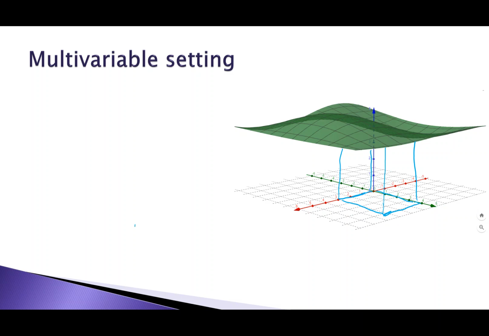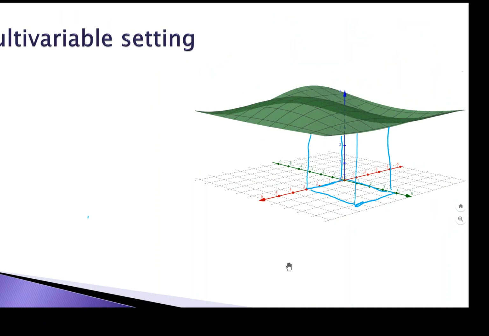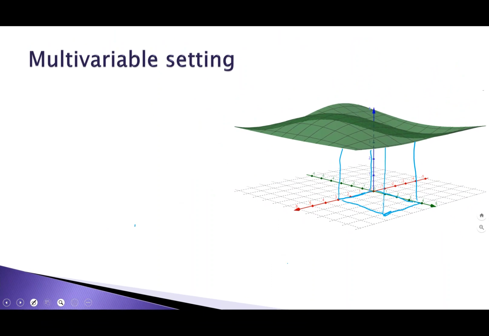So what I do is I change colors first. I break this up in both the x direction and the y direction. So each of these little things is a dx or delta x, and each of these little things is a delta y over here.